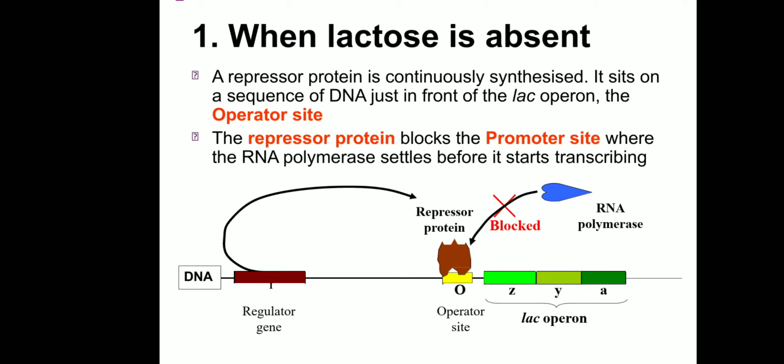Z encodes the beta galactosidase enzyme, and Y encodes the permease, which is necessary as a transmembrane symporter on the cell membrane of E. coli. And what is the function of the A gene? The A gene encodes the transacetylase.